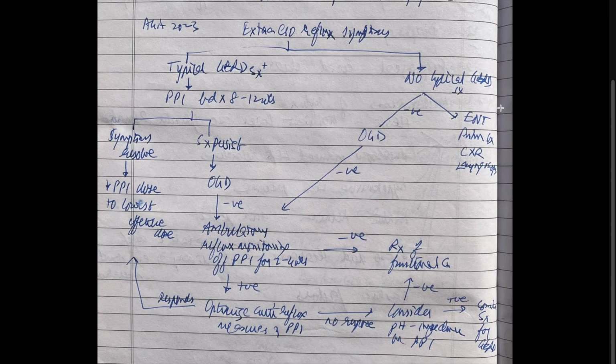And if that shows a positive response, you optimize the anti-reflux measures and the PPI. And if there is no response, you consider pH impedance testing on the PPI. And if that is negative, you treat for functional dyspepsia, and if it is positive, you consider them for surgery.